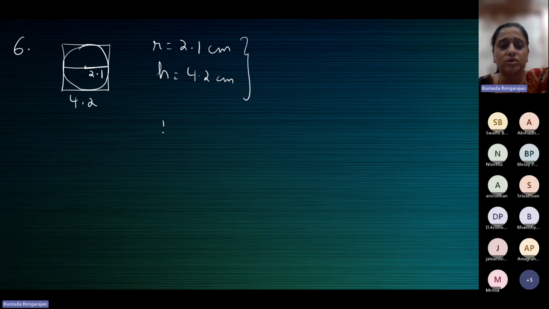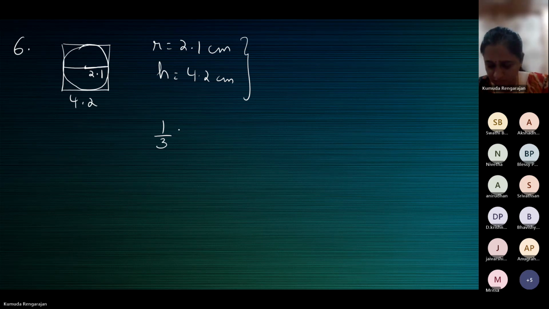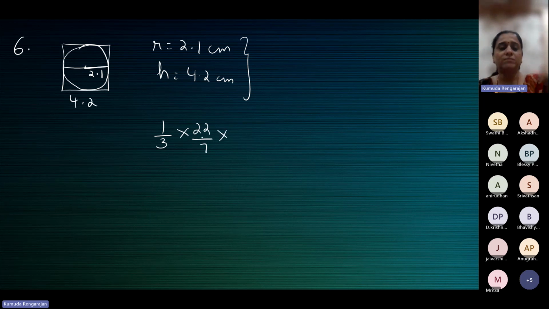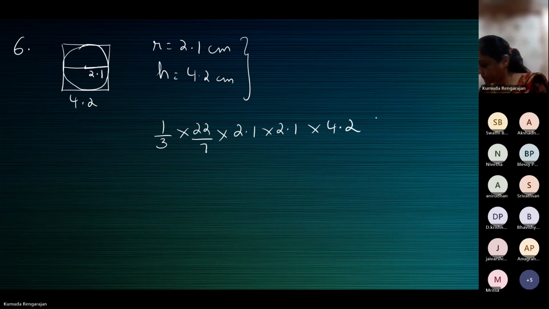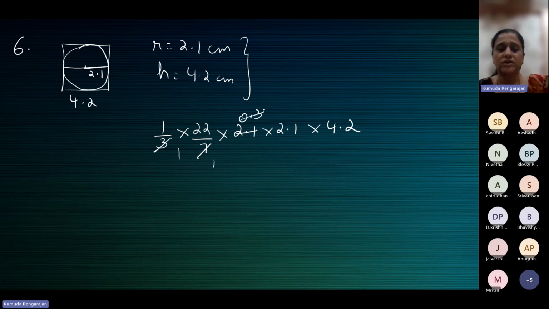So the volume of the cone is 1/3 pi r square h. What should we take for pi? Nothing is given, so 22/7. 1/3 pi r square, 2.1 and 2.1 into h, 4.2. So 7 ones are 7, and 3 ones are 3, you can cancel.